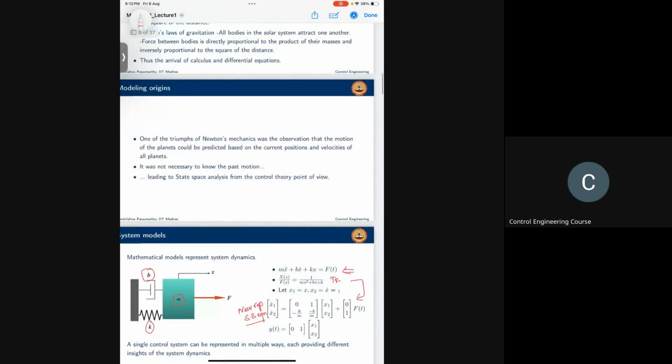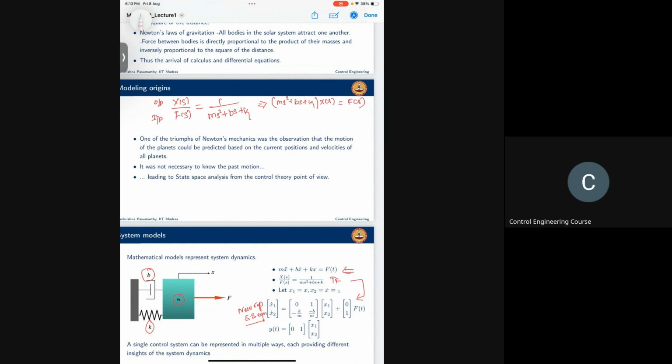For example, take the same system, X(s) divided by F(s), which is 1 by ms square plus bs plus k. Here X(s) is the position, the output, and F(s) is the input force. Now, if I rewrite this equation, (ms square plus bs plus k) into X(s) equals F(s).